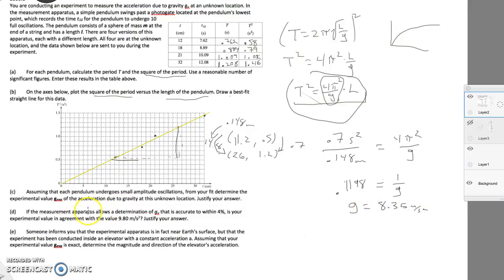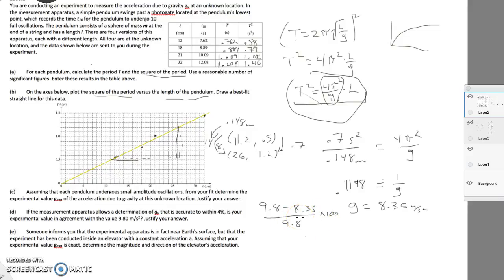And it says if the measurement apparatus allows determination of G that is accurate to within 4%, are we in agreement? So 4% error, so to find percent error, we would say 9.8 minus 8.35, and then divide by the original amount, 9.8. Then we multiply by 100 to make it percent.